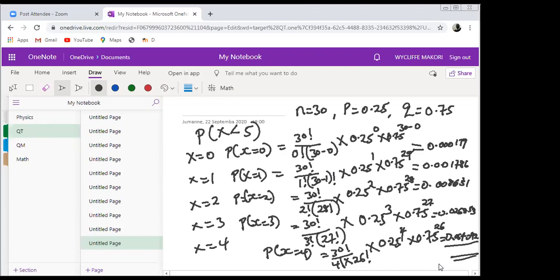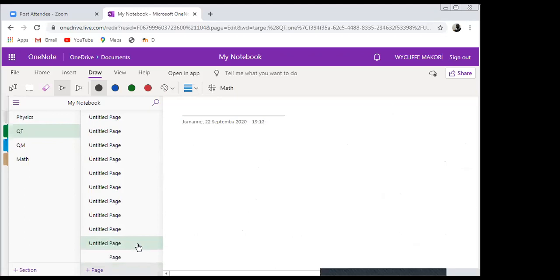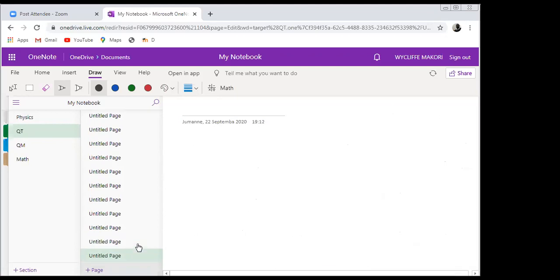So allow me to take you to Poisson. Poisson is normally applicable in areas like the banks, whereby you might be interested to know the number of customers who will visit the bank in a particular day.